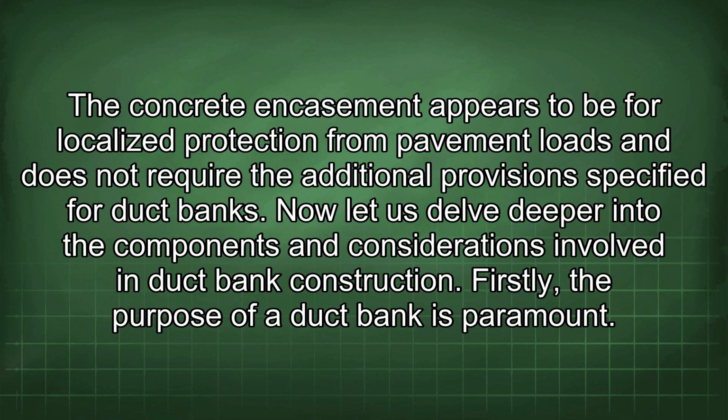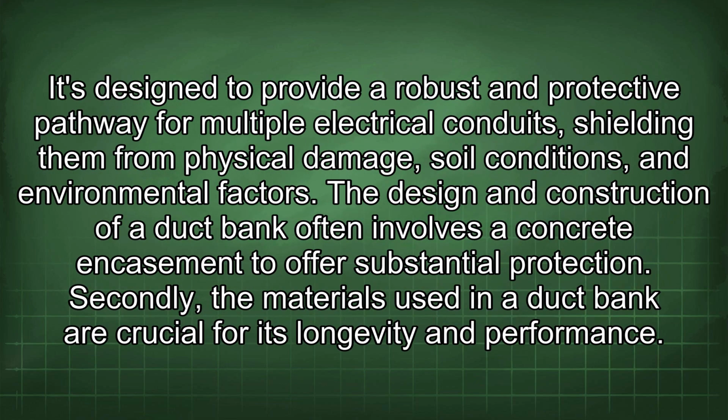Firstly, the purpose of a duct bank is paramount. It's designed to provide a robust and protective pathway for multiple electrical conduits, shielding them from physical damage, soil conditions, and environmental factors. The design and construction of a duct bank often involves a concrete encasement to offer substantial protection. Secondly, the materials used in a duct bank are crucial for its longevity and performance.